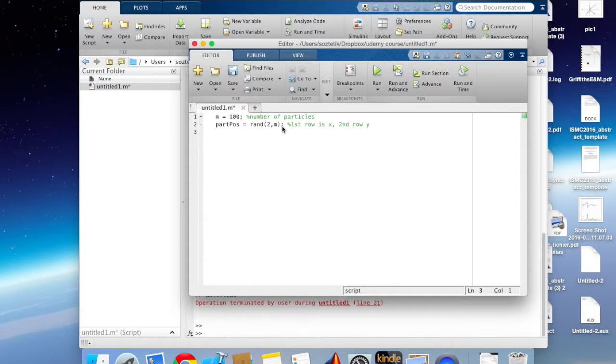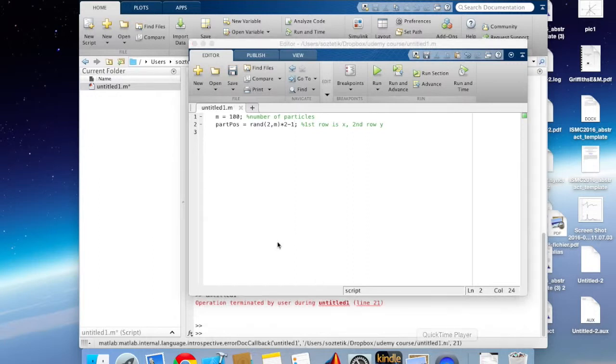Well, I would like to center the distribution of these particles. I multiply it with 2 and subtract 1. What we have here is a set of particles, because this is uniformly distributed. What we're going to have can be seen here.